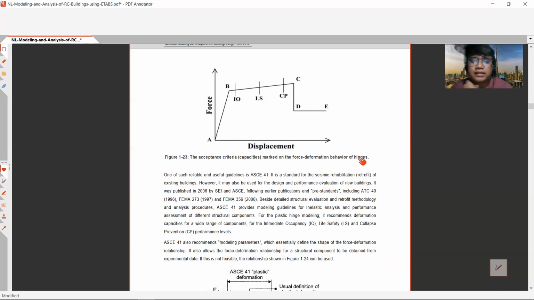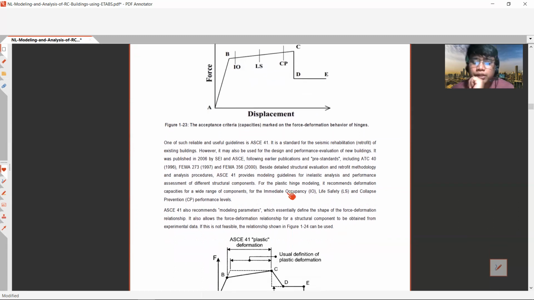Okay, so besides the detailed structural evaluation and retrofit methodology and analysis procedures, the ASCE 41 also provides modeling guidelines for inelastic analysis and performance assessment of different structural components.